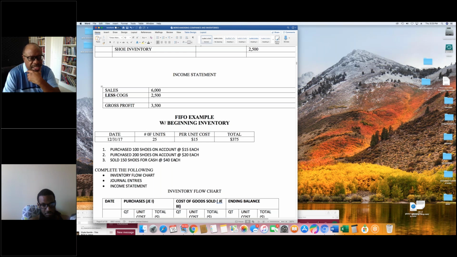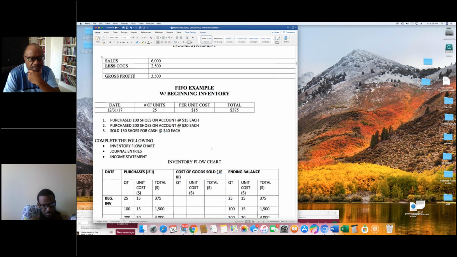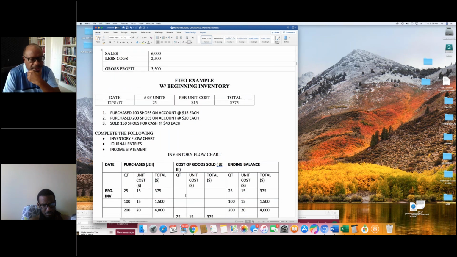So we had in beginning inventory 25 units. So there 25 units at 15, 375.